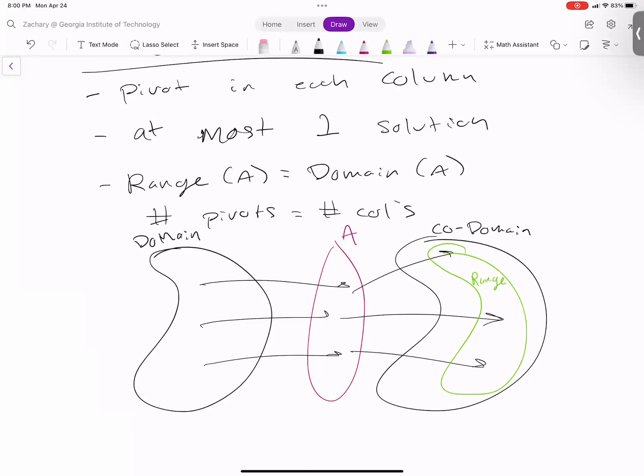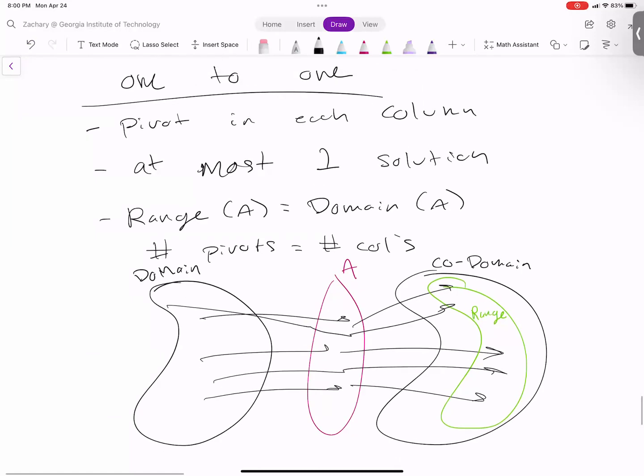So when we plop all of these vectors into this range, what being one-to-one means is that for each place we start, it goes somewhere in this range, and it is the only starting point that gets there. There's no duplicates anywhere. For instance, for this point here, if my vector that starts here goes to that point, then there's not some other vector that started over here that goes there.